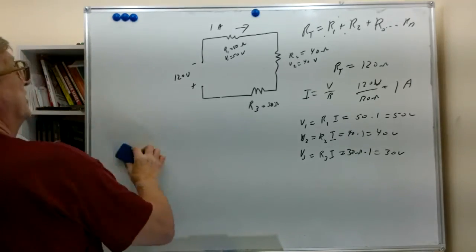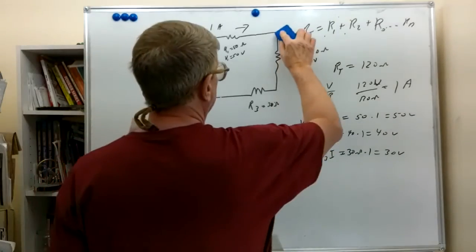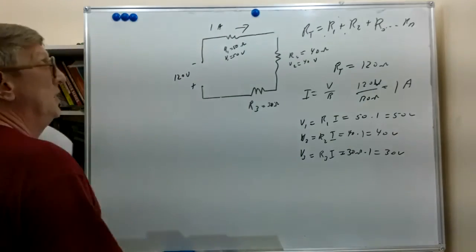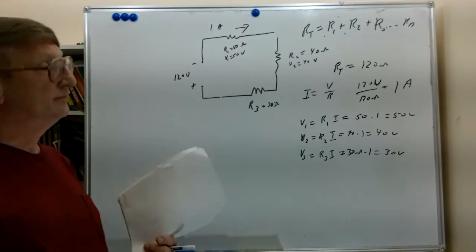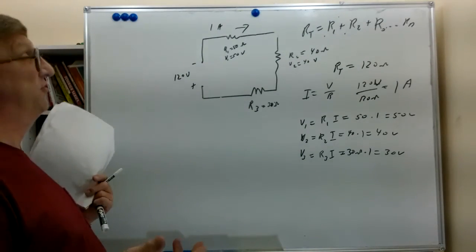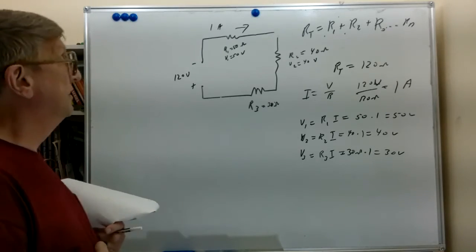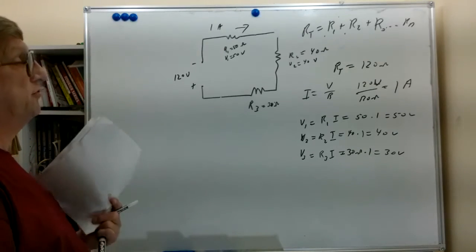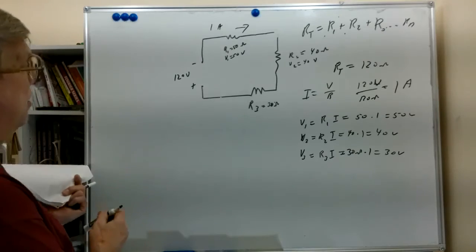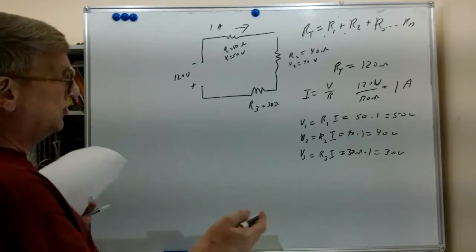Let's see what happens if we get a break in that circuit. Well, we get a break in that circuit. Now the resistance total is basically infinite. So the current basically drops to 0. Let's look at each of our voltages across V1, V2, V3.